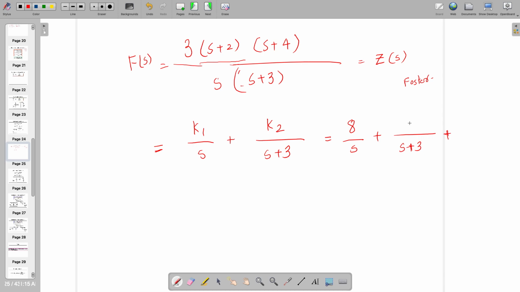Okay, so what is the final answer? Here K2 will be 1. Okay, and what about the DC value? Is it coming 8 or something else? Okay, if it is coming 8, check whether it's giving the same answer or not.